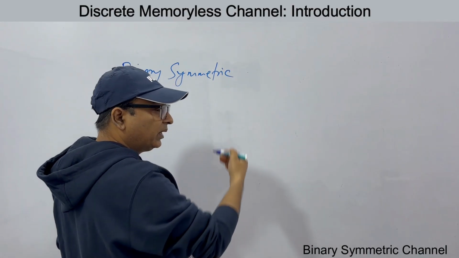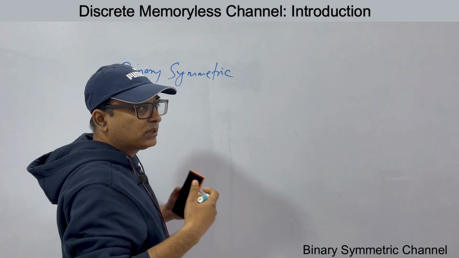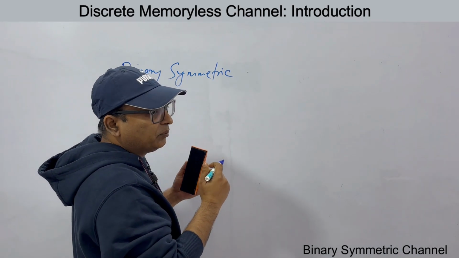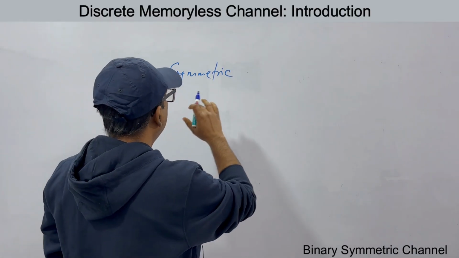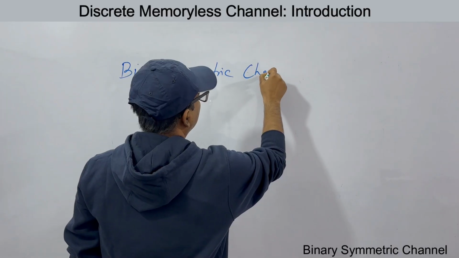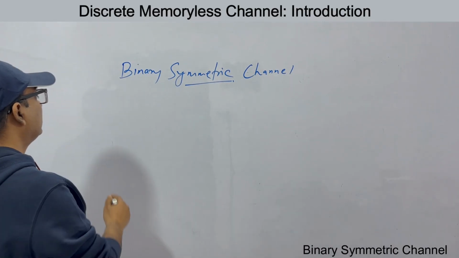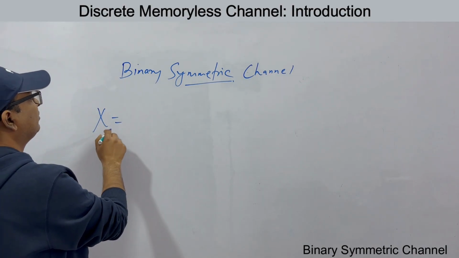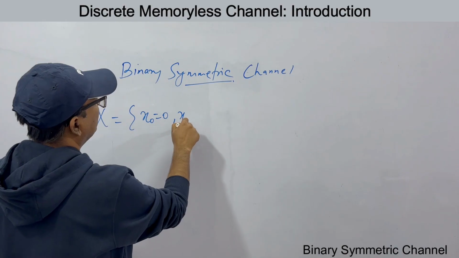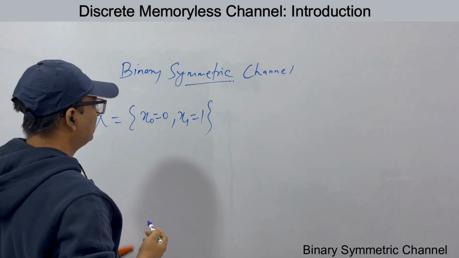We'll be explaining this channel, and as our study goes deeper, we'll keep adding new parameters to it. For the time being, we are just defining what a binary symmetric channel is. In a binary symmetric channel, the input alphabet has two elements only.